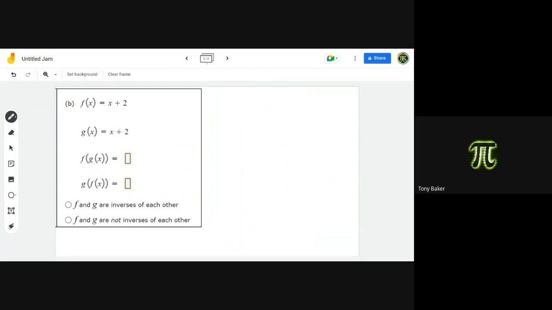Yes. Also, question: if f of x and g of x are the same, are they always going to be inverses of each other? Let's find out, since these are the same. So I have f of x plus 2. So that means I have x plus 2 plus 2, right?